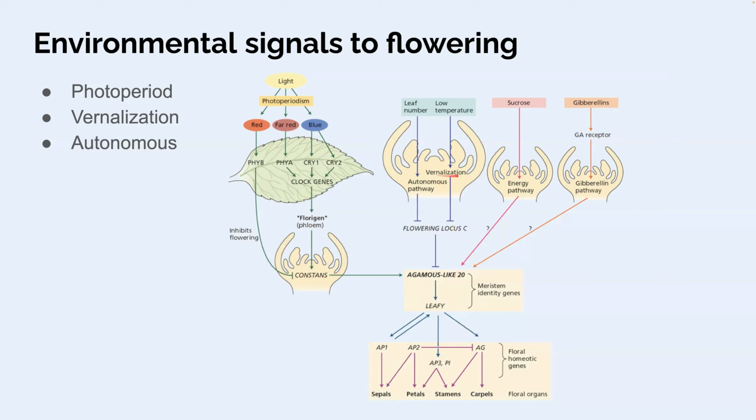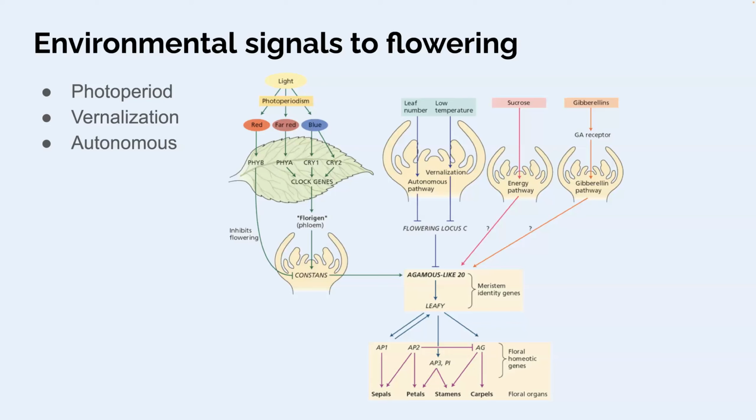Other options, vernalization is the process of sensing cold. And going through a period of cold can be necessary for some plants to flower. This autonomous pathway, autonomous refers to basically conditions within the plant itself. So internal conditions.